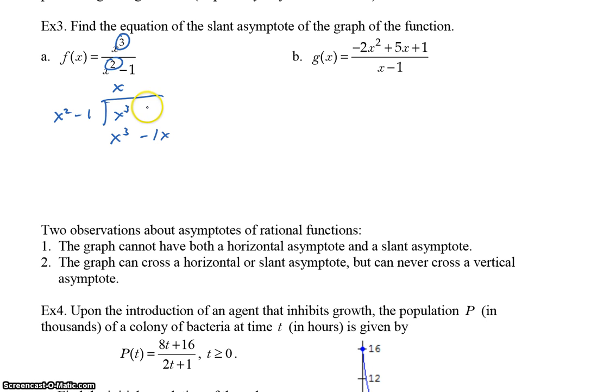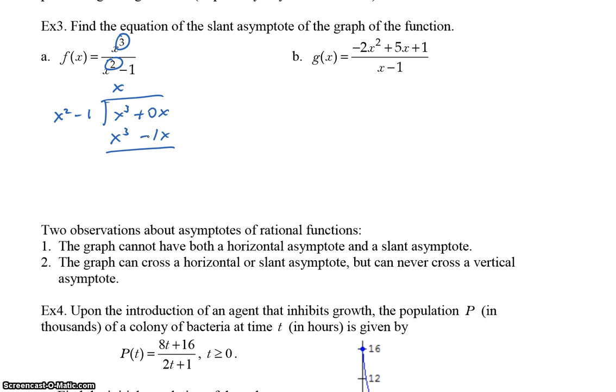Now, let's write our numerator, x cubed, as x cubed plus 0x, so that we can see what happens upon subtracting. Remember, when we do long division, we subtract. So the x cubes cancel. But what we'll be left with from the x terms is 0x minus 1x.